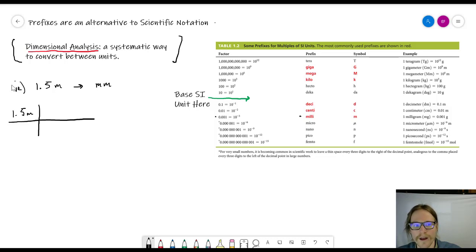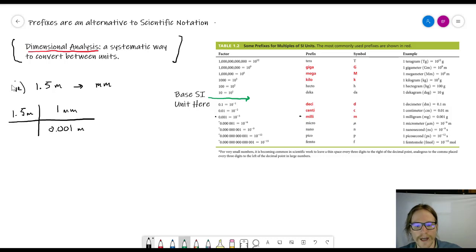So on the bottom here, we'll put the same unit that we're trying to convert from, because that will cancel those units. So we'll say 0.001 meters is equal to 1 millimeter based on this conversion factor.